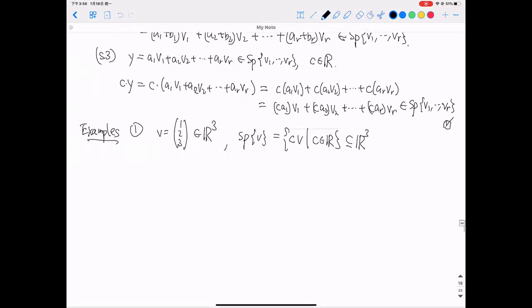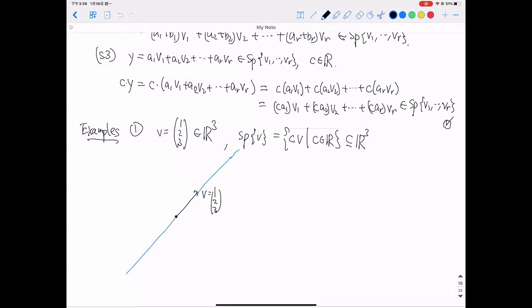Right, so say this is our v. Then the scalar multiples would just probe this direction and this opposite direction.